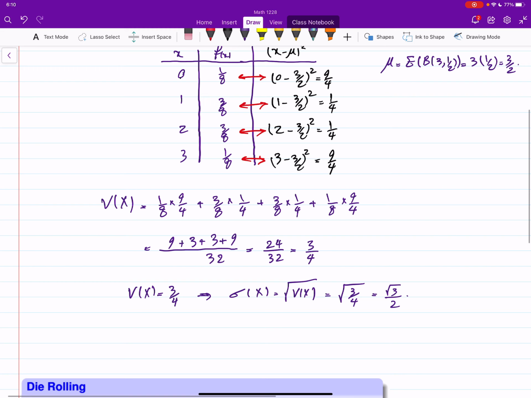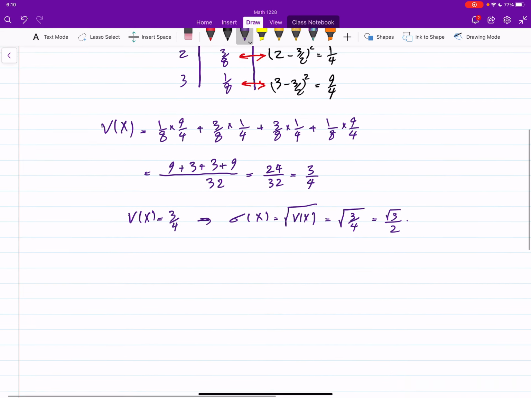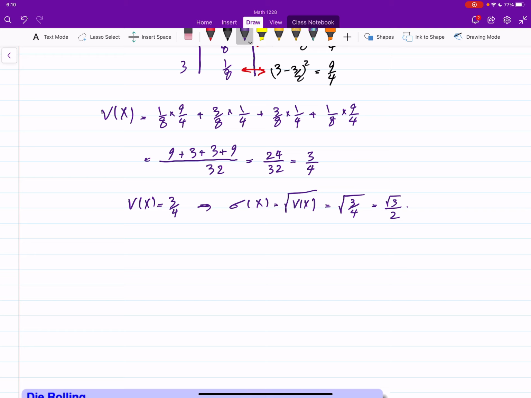This was a binomial random variable, and for the binomial random variable, as we learned before, there is a formula for mu. Now we have a formula for variance and standard deviation. That is a theorem that I'm giving you. The variance of B(n, p): remember that mu was np before? Now you also multiply it by 1 minus p, so the variance is np(1 - p). And the standard deviation is the square root of np(1 - p).